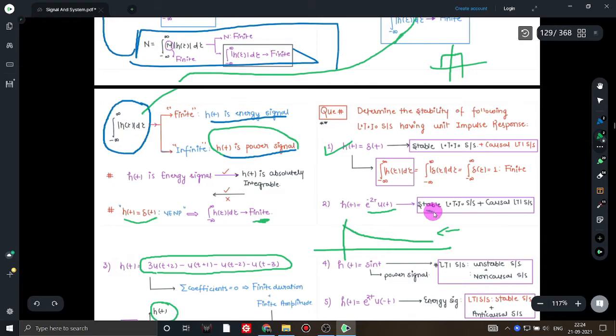This is a stable LTI system, and it is causal because it starts after 0 and before 0 the function is 0.